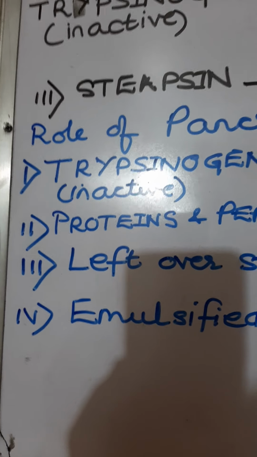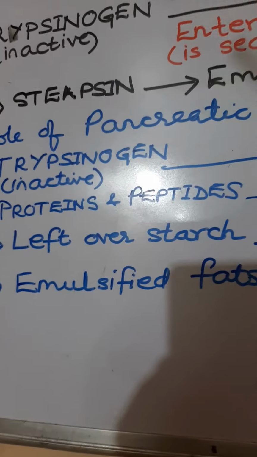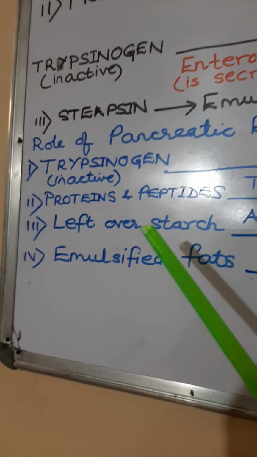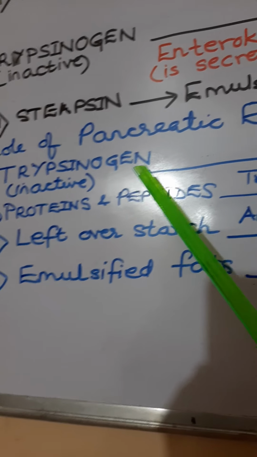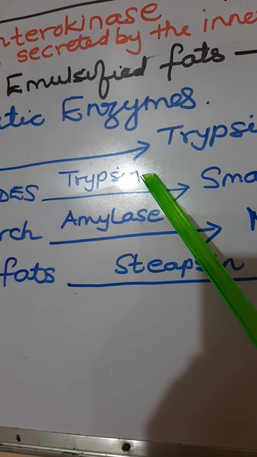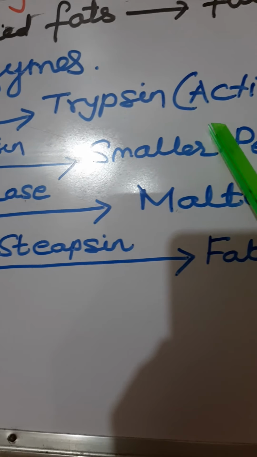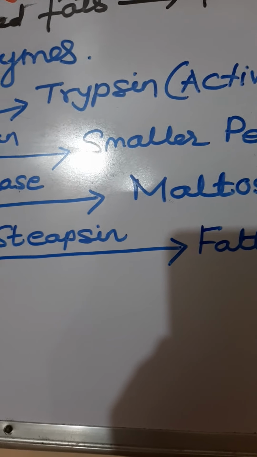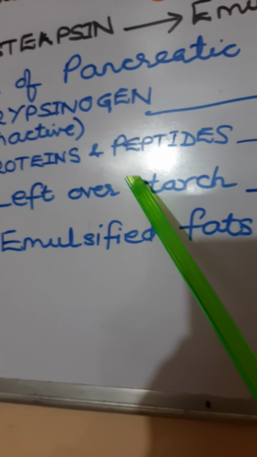Now the role of pancreatic enzymes, what we already discussed, in short. Number one, trypsinogen inactive. With the help of enterokinase, it is activated into trypsin active. Then the second one, proteins and peptides.